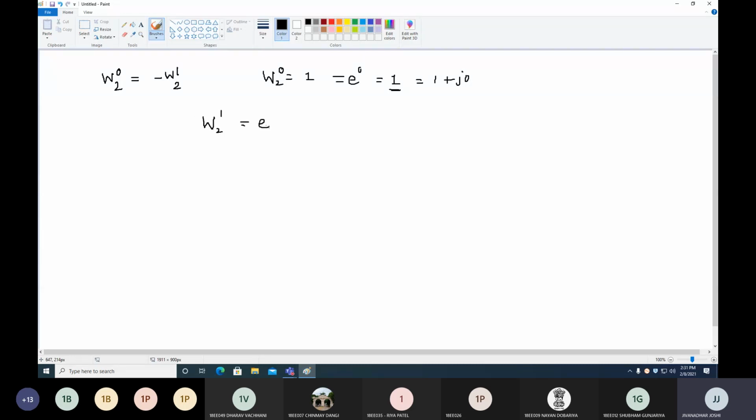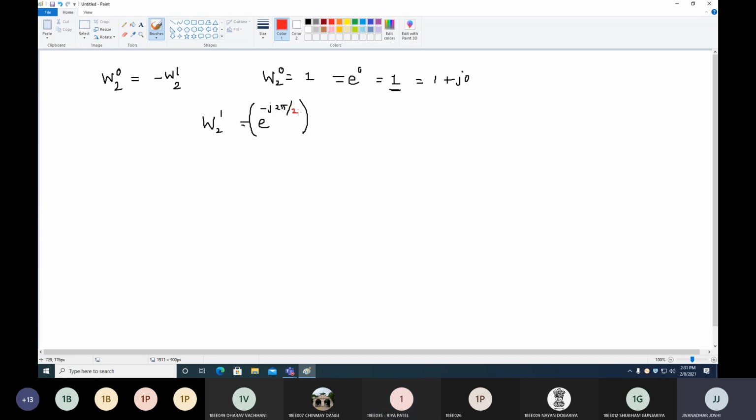Okay, now let's derive for W2 raised to 1. So this is equal to e raised to minus j 2 pi by how much? What should I write in the denominator? N by 2? No. N by 4. Something I should write down here should be equal to this. Remember that when it was 8, I wrote n here, because n was itself 8. So here I should write down 2 only.